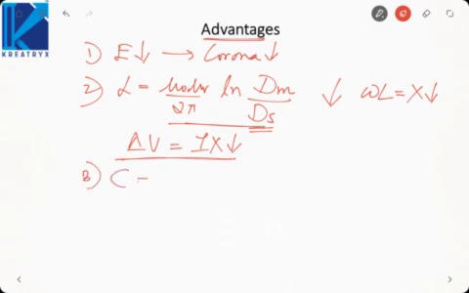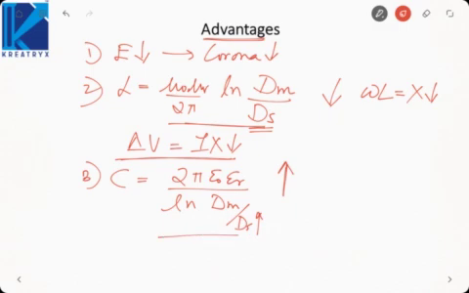Next is capacitance. Capacitance is, as we will derive in the later lectures, proportional to 1 by ln dm by ds. Now this has increased, so capacitance will increase because the denominator of the term is reducing. So capacitance increases, so power factor also increases.